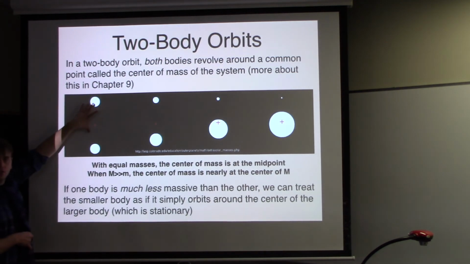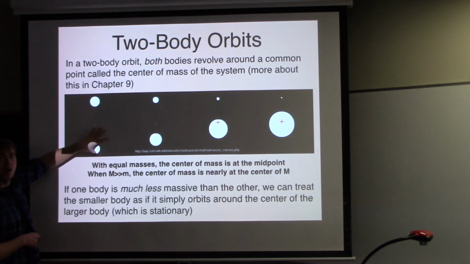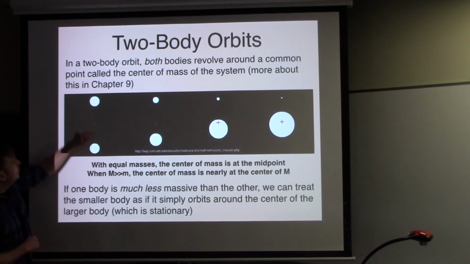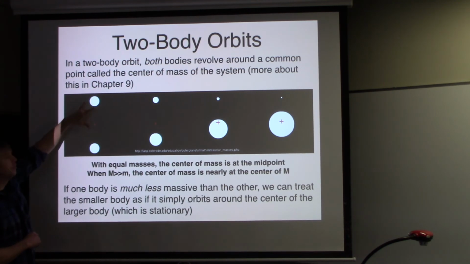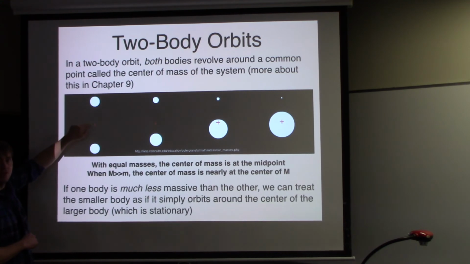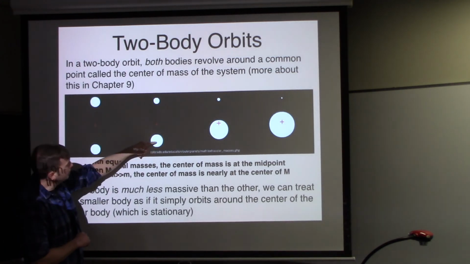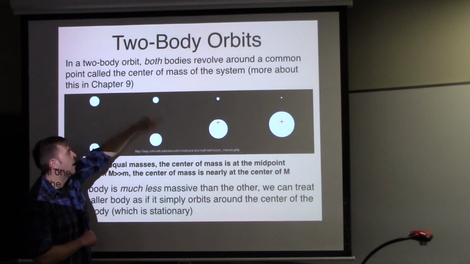So in the first case, we have two equal mass objects. These two masses are the same. Whenever that's the case, the center of mass is exactly halfway between the two. Now, if we go to the next one, this one is bigger, more massive than this one.